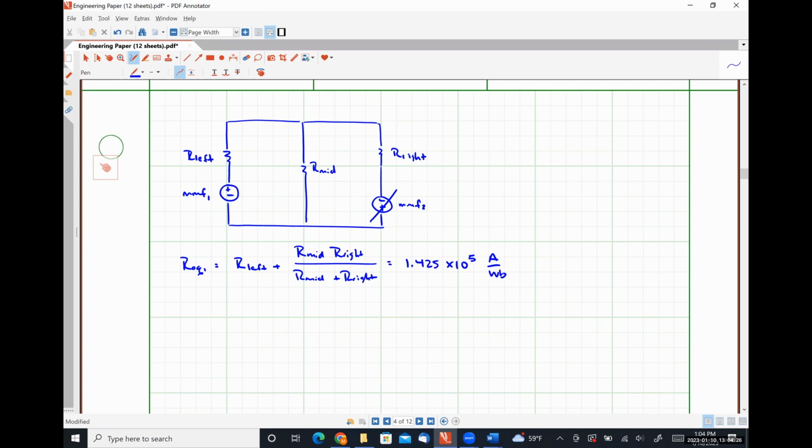And if I'm trying to find REQ2, I turn this one off and look in where the terminals of MMF2 were. And so that's going to look like R right in series with R mid times R left over R mid plus R left.